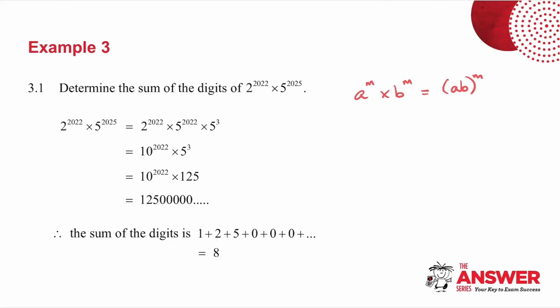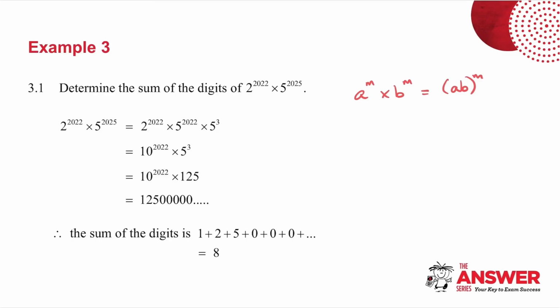And if I then want the sum of digits involving a whole lot of tens, that's going to be okay to do. So I'm going to take this 5 to the power 2025 and split it up. Because this is 2 to the power 2022, I'm going to break up the 5s so that I've got 2022 of them and another 3 of them. Because remember, when you multiply, you add your powers.